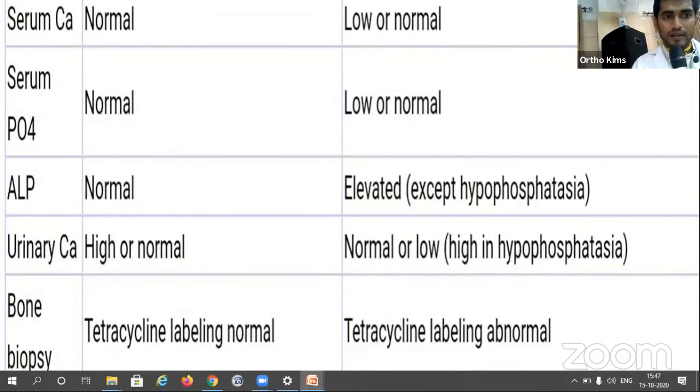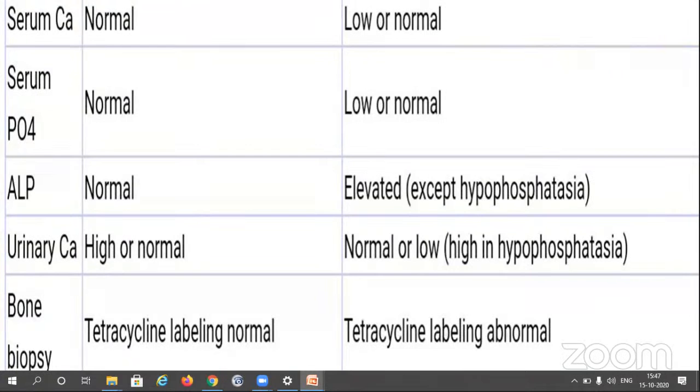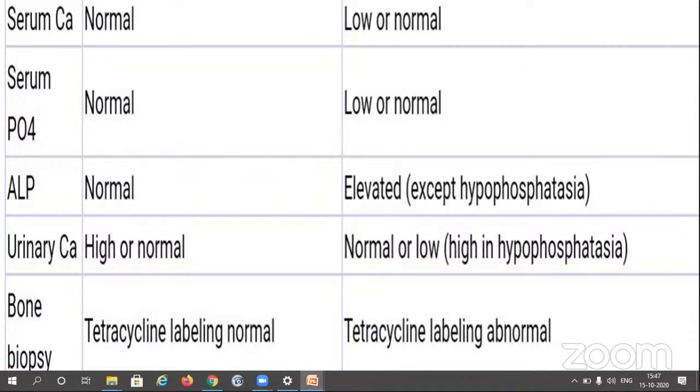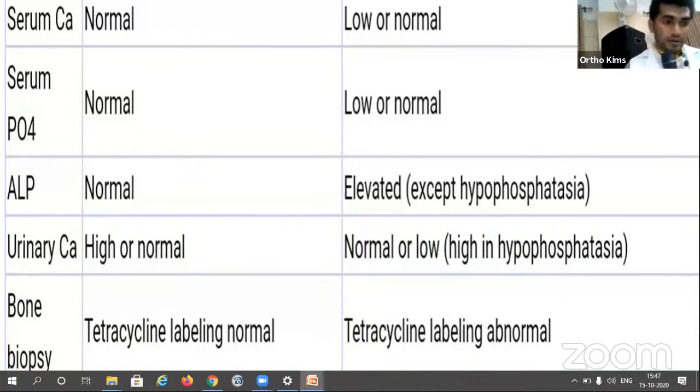Serum phosphate level is normal in osteoporosis, and in osteomalacia it may be low or normal. Alkaline phosphatase is normal in osteoporosis, but is elevated in osteomalacia, except osteomalacia associated with hypophosphatasia.